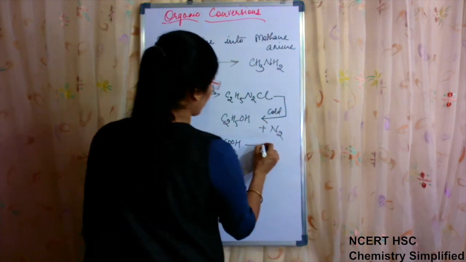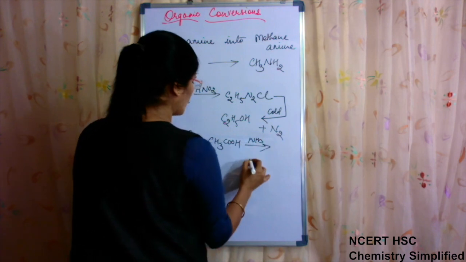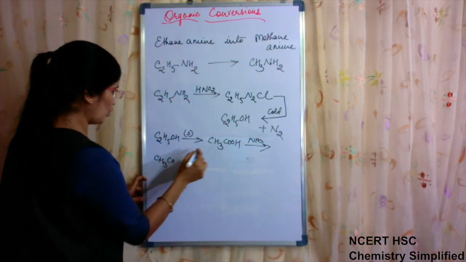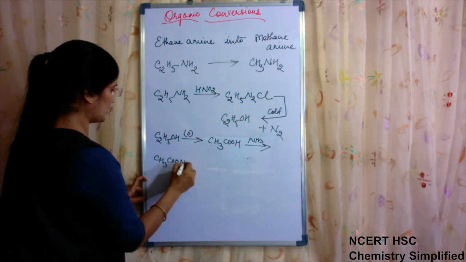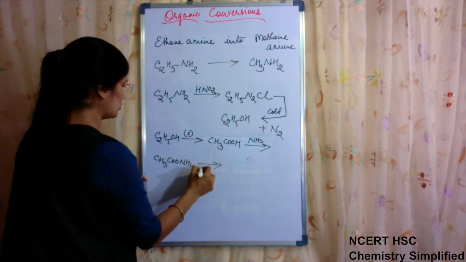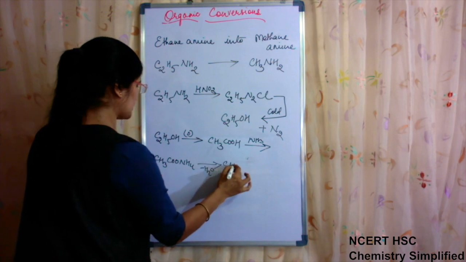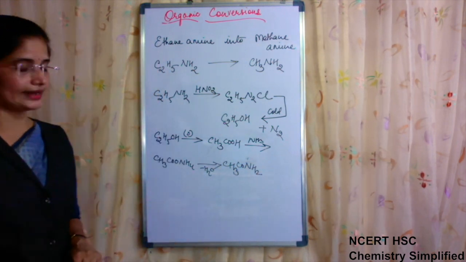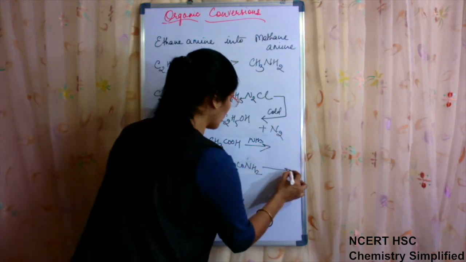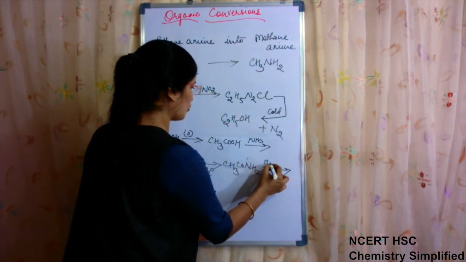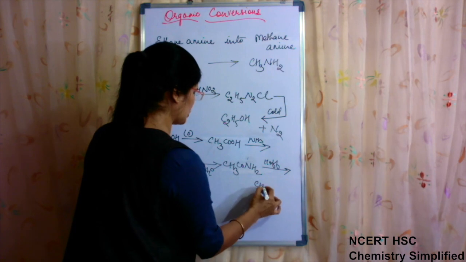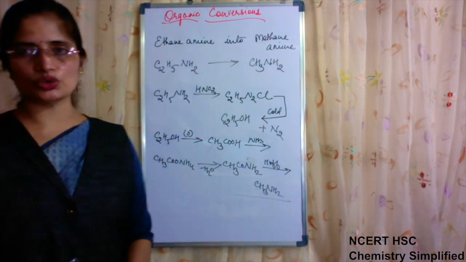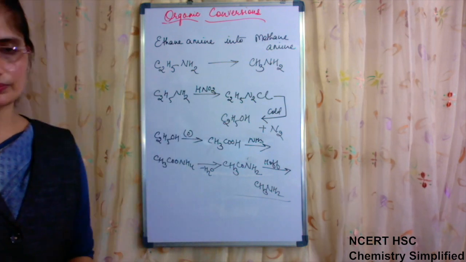Now the acid can react with ammonia to form CH3COONH4, which on losing water will form CH3CONH2. Now we have reached the amide, which on Hofmann bromamide reaction will give CH3NH2. That means you have reached your product.